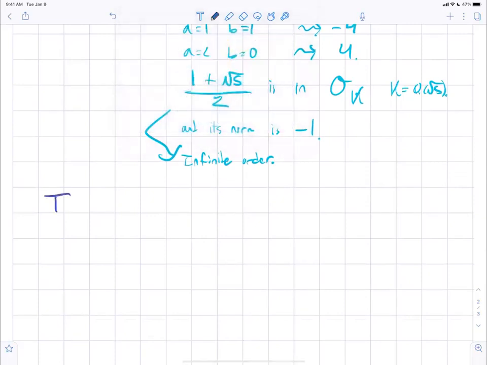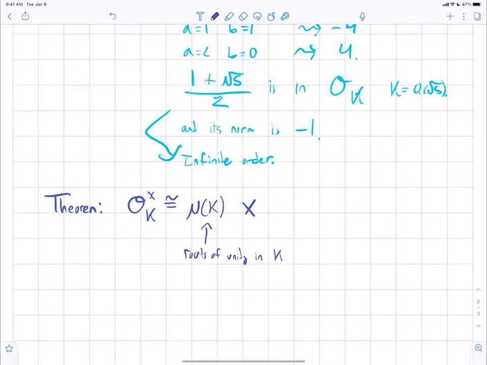So the theorem says the unit group is isomorphic to the roots of unity in K, times Z to the r plus s minus 1.